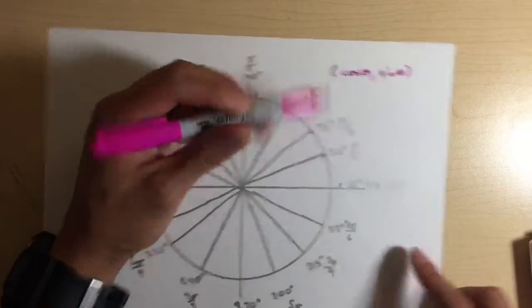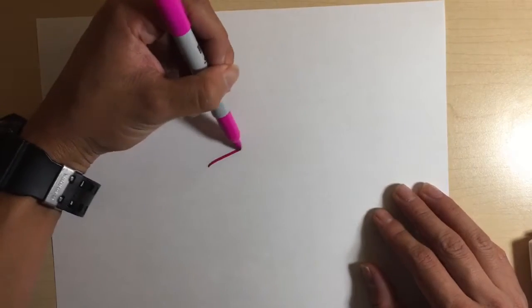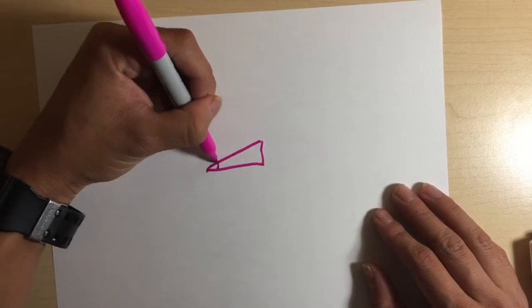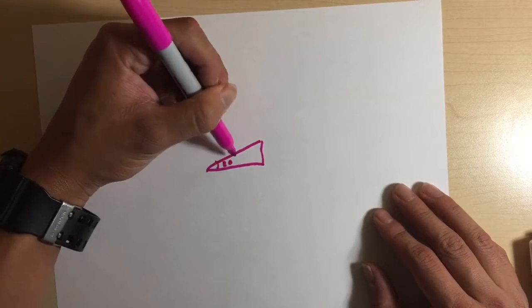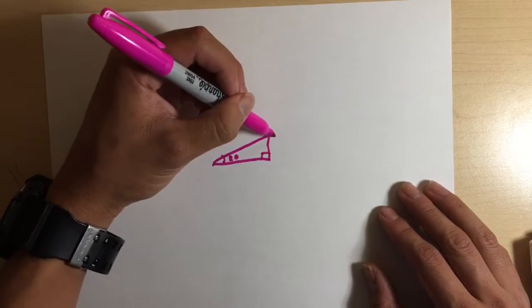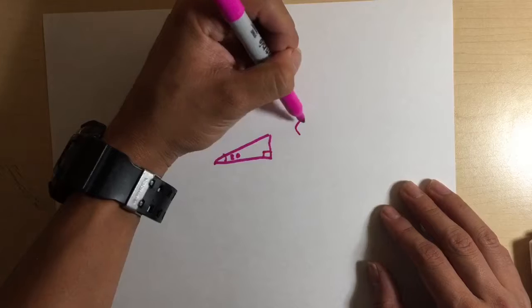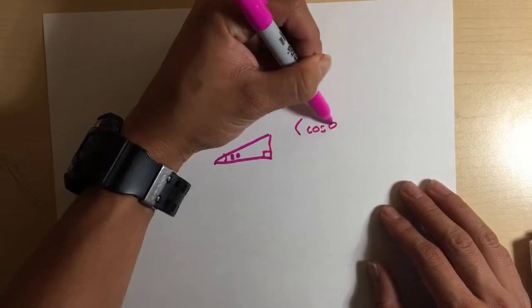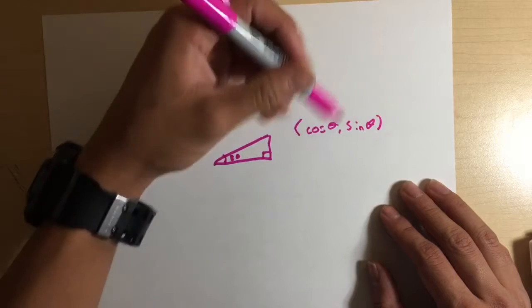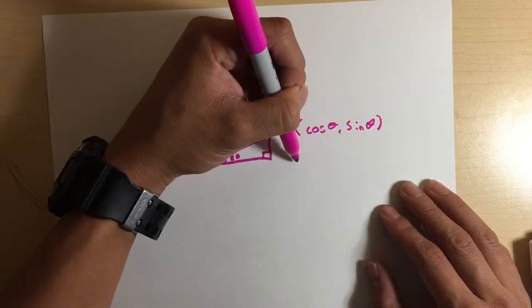So if we take the first angle and draw it out, theta equals 30 degrees, and this is just 90. So to find the coordinates cosine theta and sine theta, we could just plug that into our calculator.